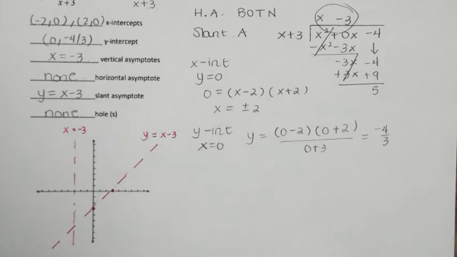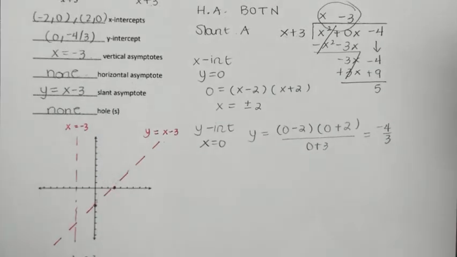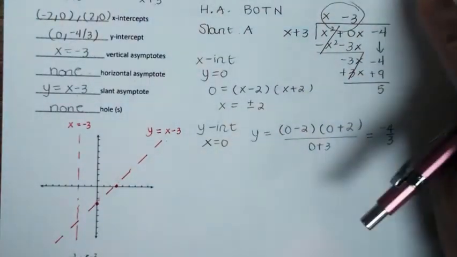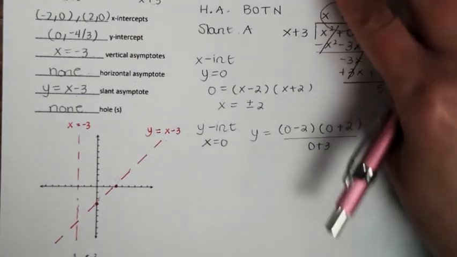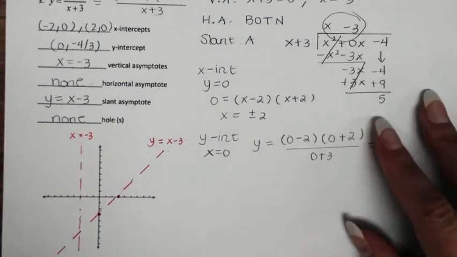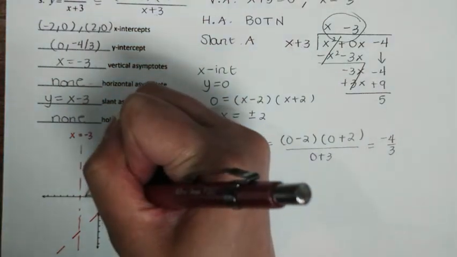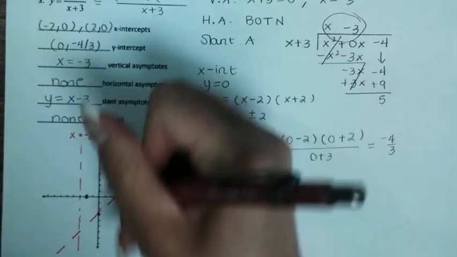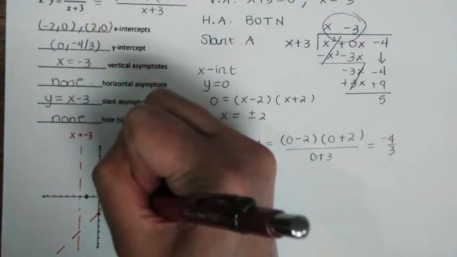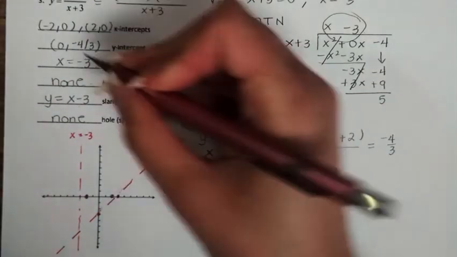Next thing, graph the points. We have a lot of information, which I love because I can make a better graph when I have so much information. So we have (-2, 0), that's one of my intercepts. Then I have (1/2, 0), that's your second intercept.